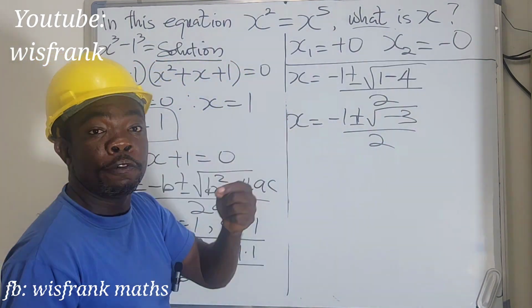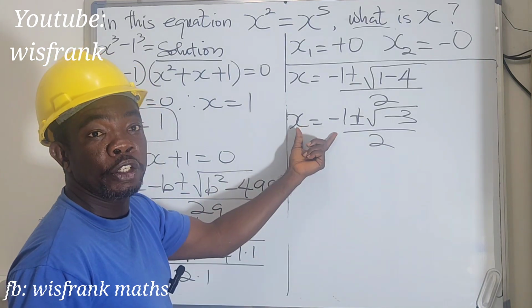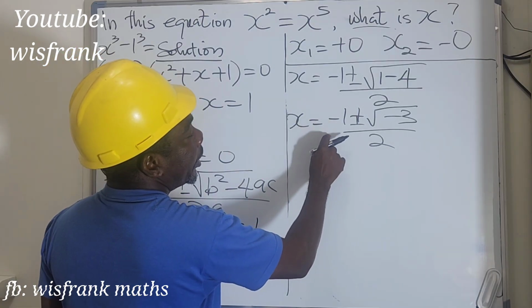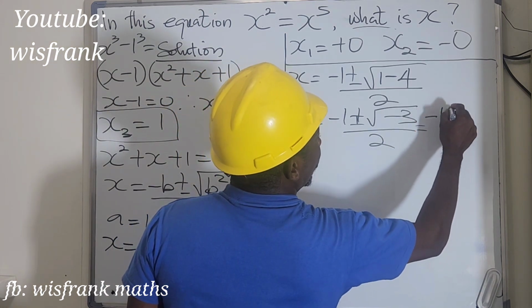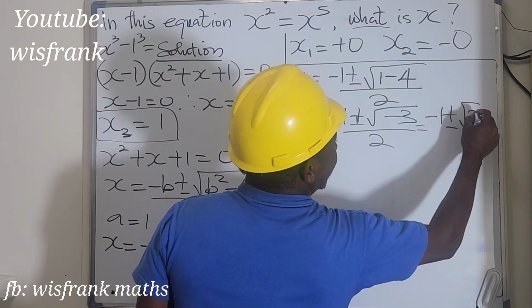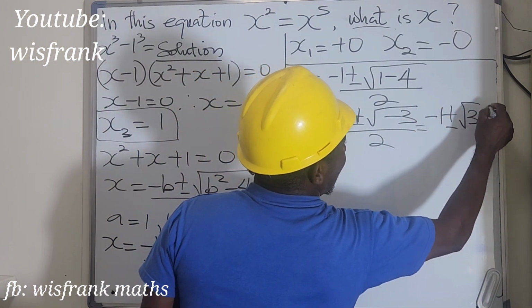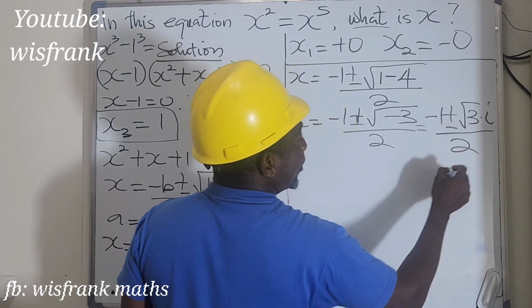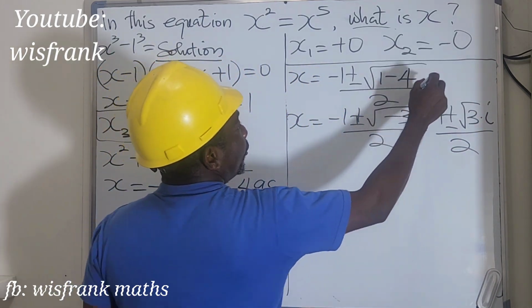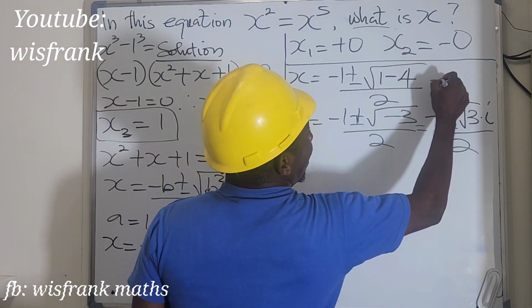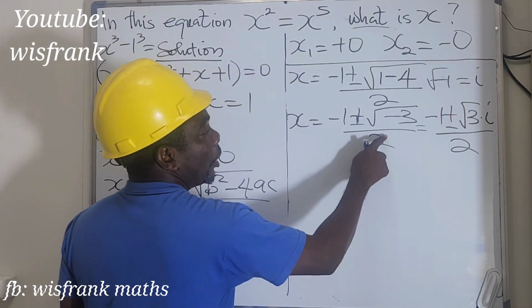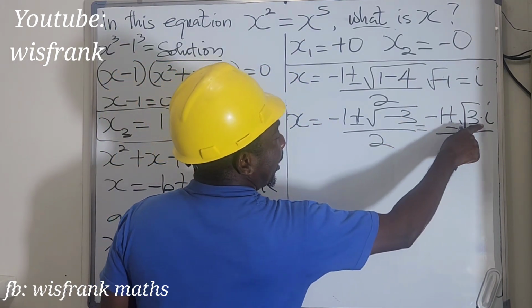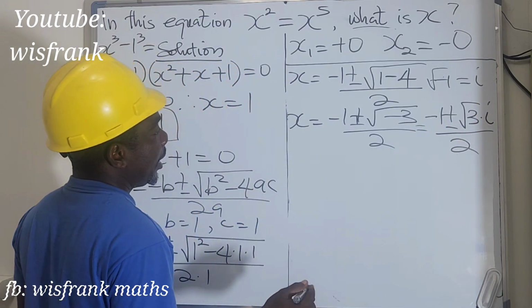Here we have two values of x in this solution. Before we simplify, this will become minus 1 plus or minus square root of 3 times i. i is iota because when we have square root of minus 1 equals iota. So that's why we have square root of 3 times iota.